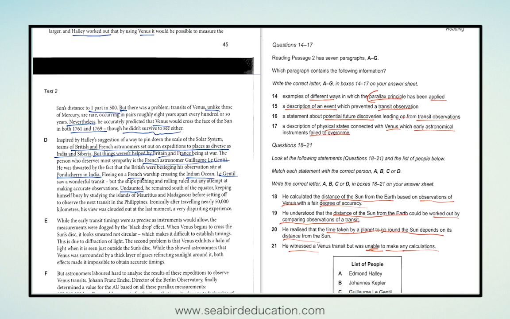It's an adjective, but it's related to the rest of the sentence. Mauritius and Madagascar. Philippines, ironically, a nice adverbial, to 50,000 kilometers. Okay. Wow, that's precise. But the black drop effect, dogged, caused problems. This is due to the second problem. These types of honey phrases, like the first, the second, the third, are very useful.